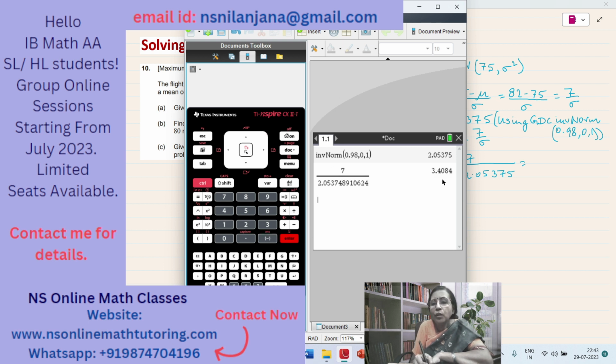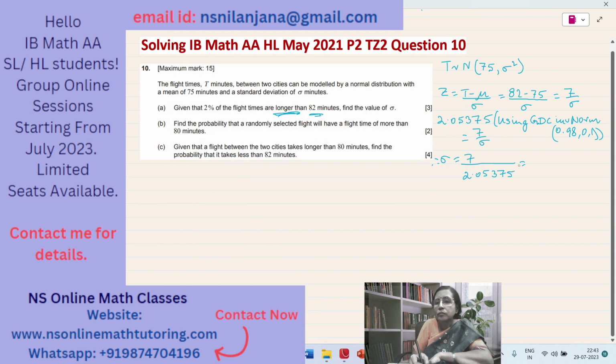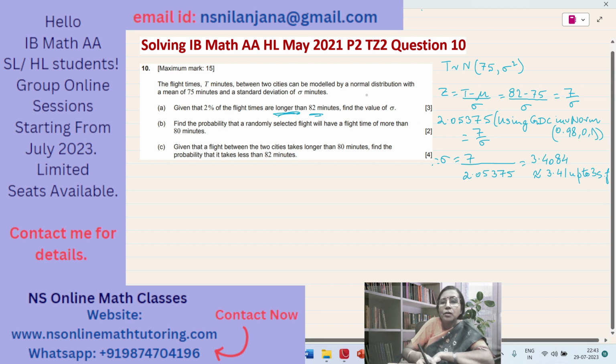It is 3.4084, which is 3.41 up to 3 significant figures. So the answer to subpart A is sigma equals 3.41 minutes.